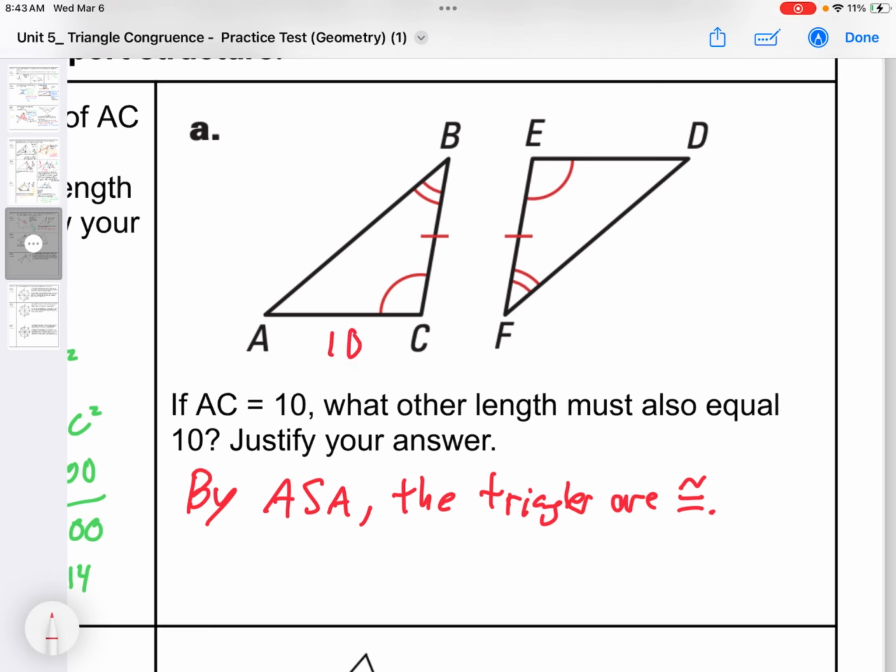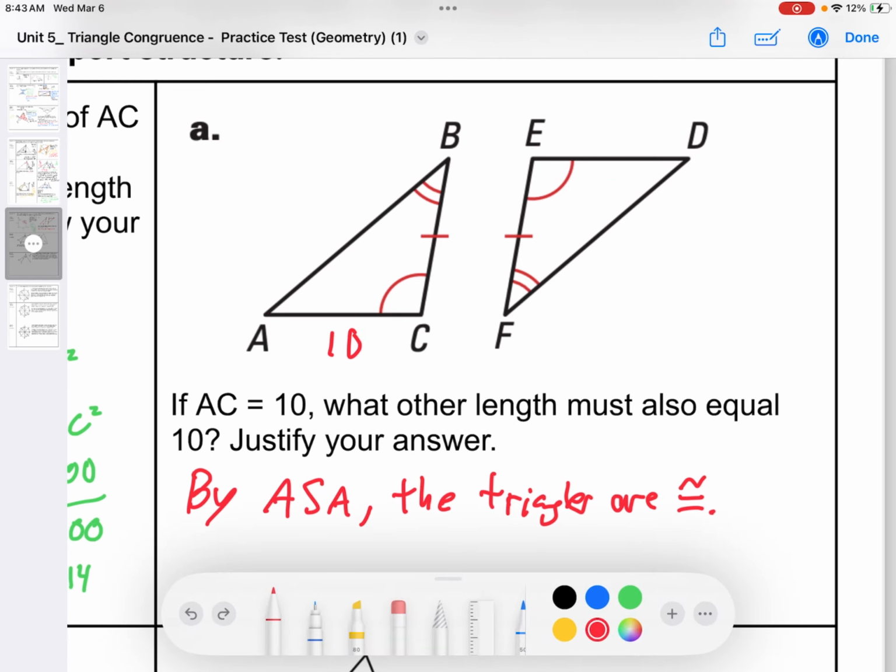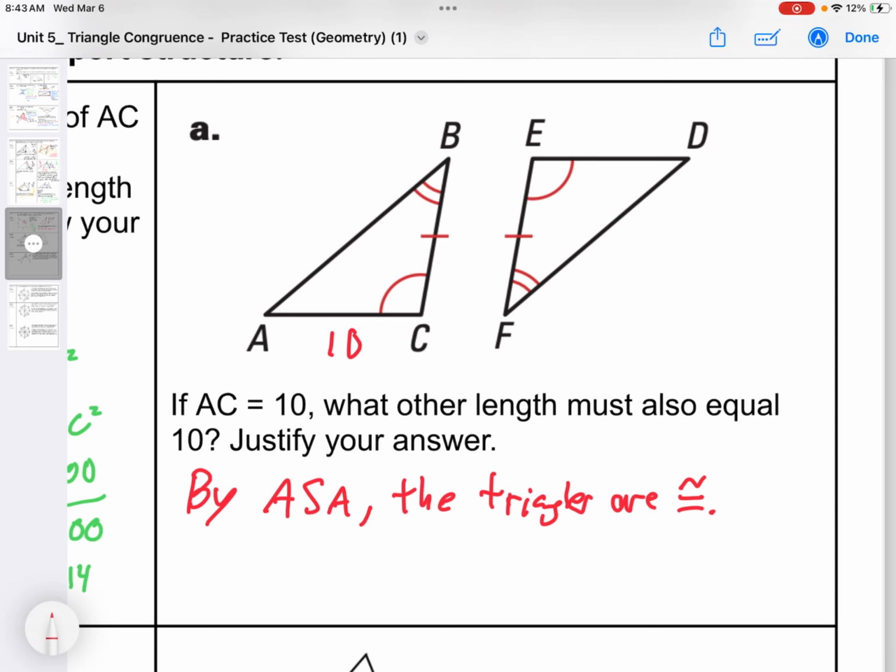Well, if AC is 10, I have to look at which one it matches with, which one corresponds to that. And this is really like a flip or a rotation of the other one. So I can rotate it around, and AC is going to match up with ED. Convince yourself of that by flipping it over or by noticing that AC is the one that connects the single tick to the nothing, and ED also connects the single tick to the nothing.